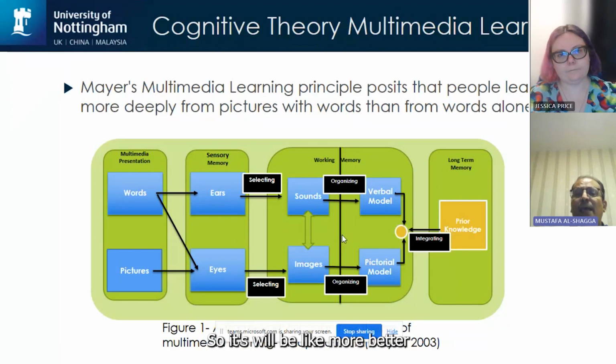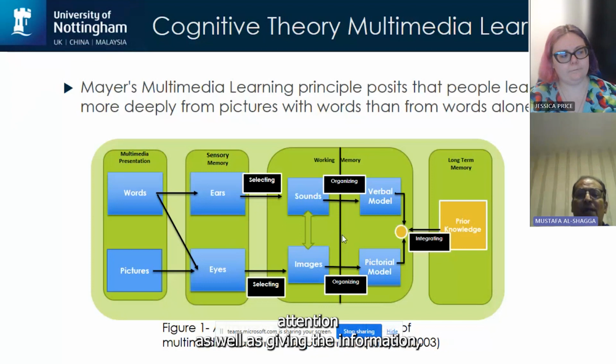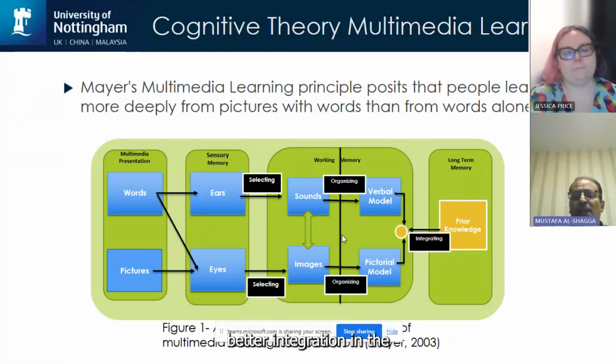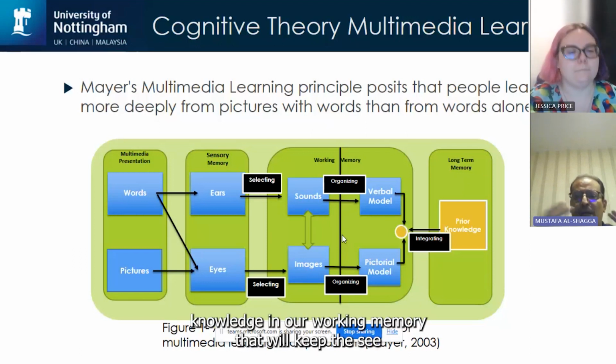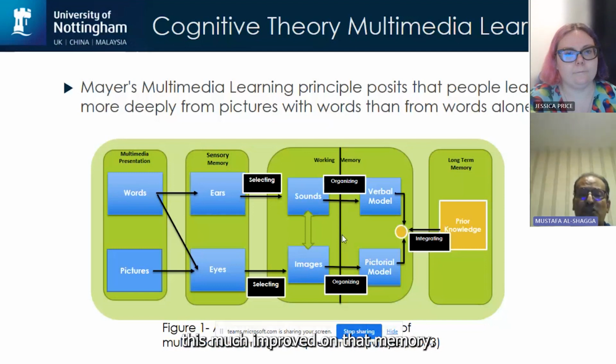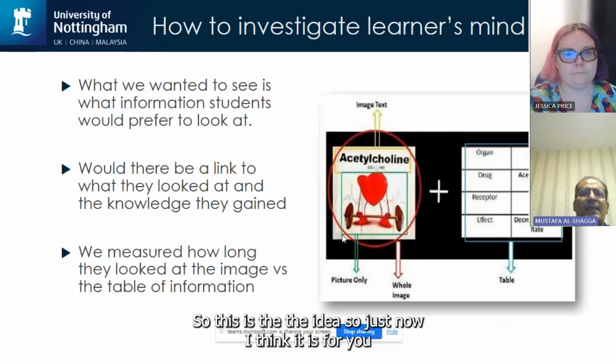So there is better attention, as well as better integration of the new knowledge with the previous knowledge in our working memory, which keeps the students' memory much improved. So this is the idea.